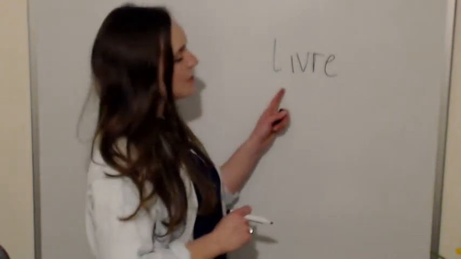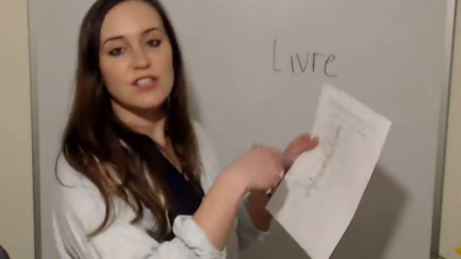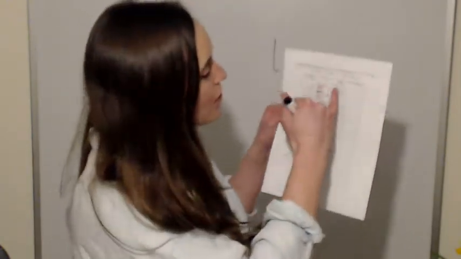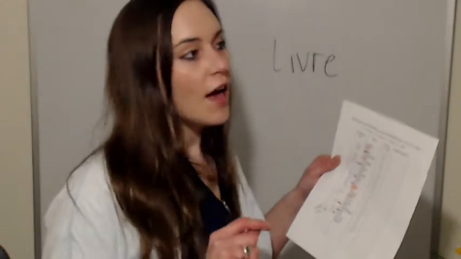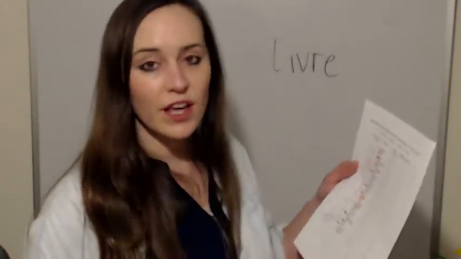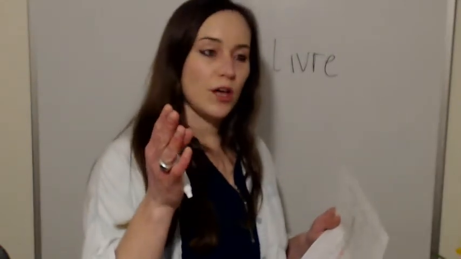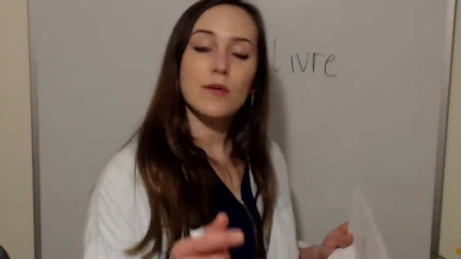So this is a masculine noun, and on the sheet I've given you, the table if you like, in the third column it says gender and number. I've been kind enough to give you some abbreviations which tell you the gender and the number of the noun.